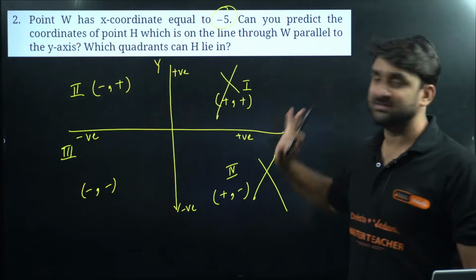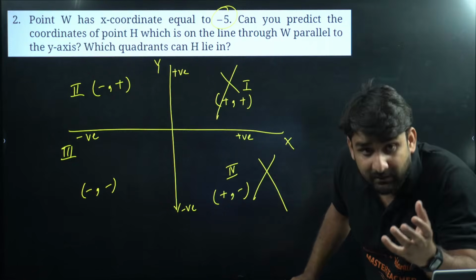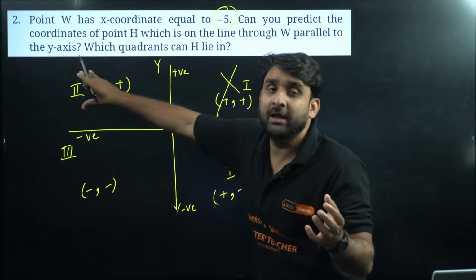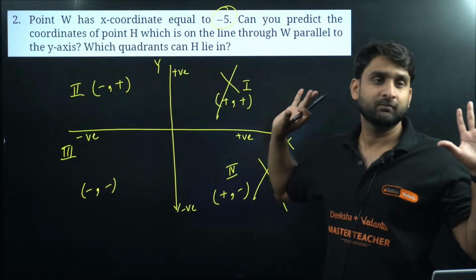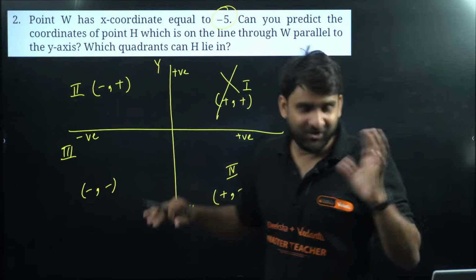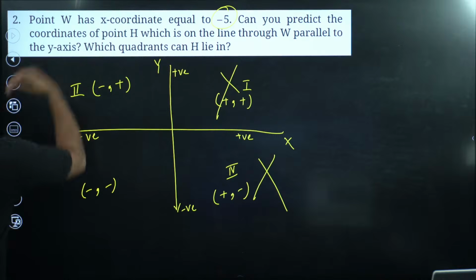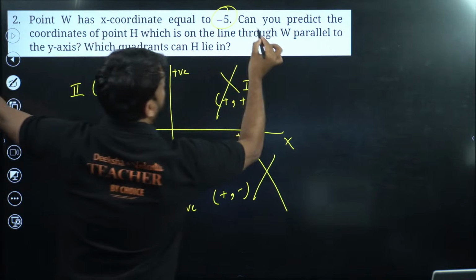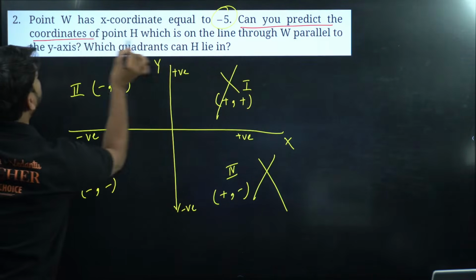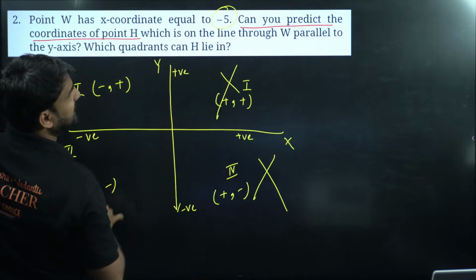If the x coordinate is negative, it implies that the point will be here, here or here, we are not clear yet. Okay, so let's read the question ahead. Now, can you predict the coordinate of point H which is on the line through W?